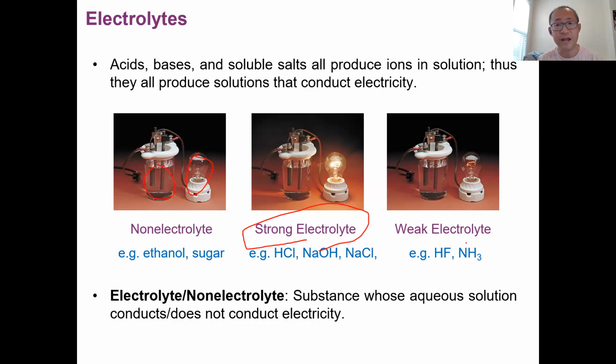But nowadays, we know why some compounds conduct electricity and some compounds don't when dissolved. We have a newer definition. But first of all, we want to explain the experiment. Why do some compounds conduct electricity? Because those compounds, when dissolved in water, will either ionize or dissociate to give free ions. We have learned a lot of free ions in this chapter, right? Ionic compounds, acids or bases, they will all generate free ions.